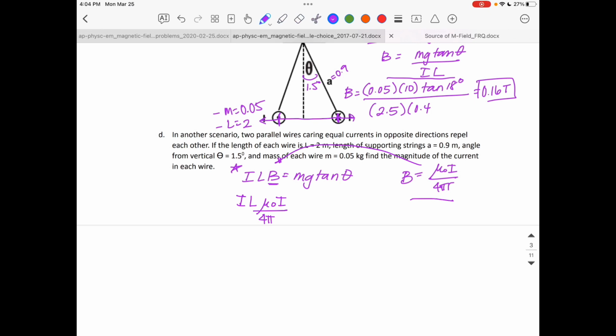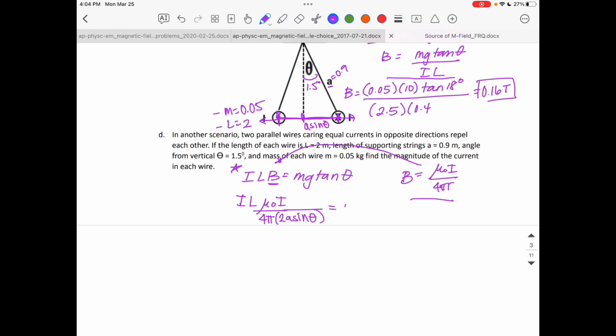Now, because we don't have that distance value, but we do have A and we have an angle, we can use our SOHCAHTOA to figure out what this length is. So it's opposite over hypotenuse, so let's just call it A sine of theta, but because we need the full distance, the radius is really 2A sine theta.